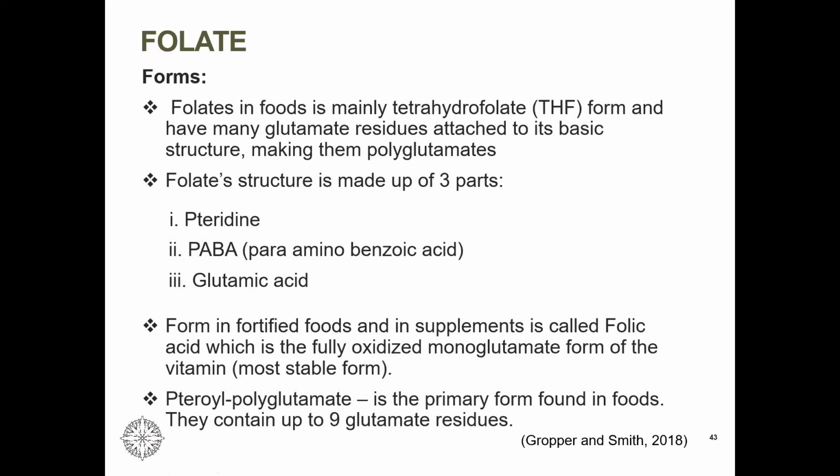This data came in the 1960s. They realized deficiency of folate gives way to the possibility of neural tube defects, so women should be given 400 micrograms of extra folate. But then they noticed women who are preeclamptic or who have gestational diabetes have more chances of babies born with NTDs, neural tube defects.